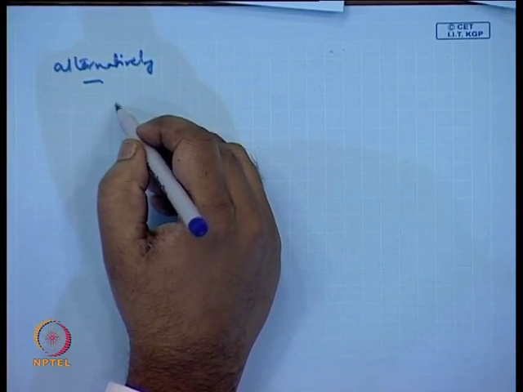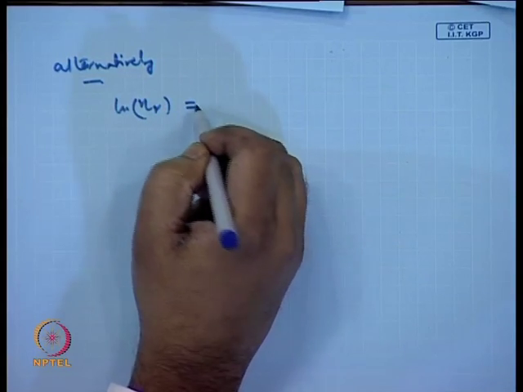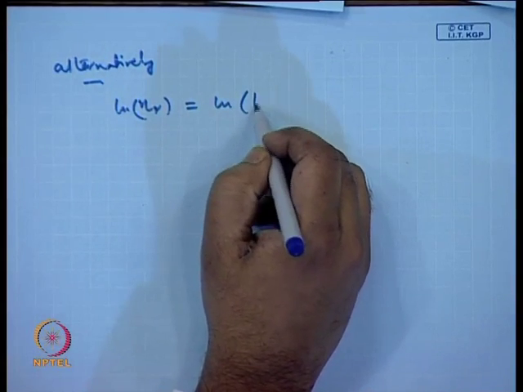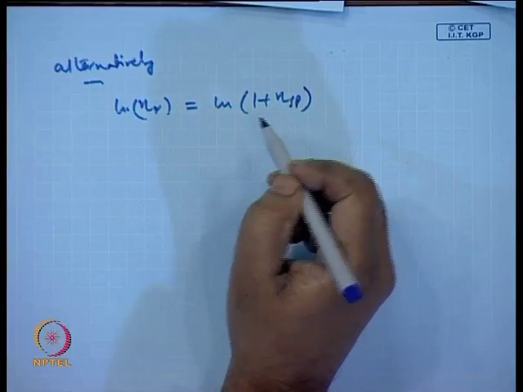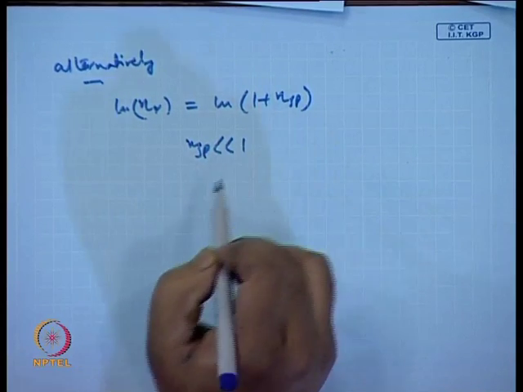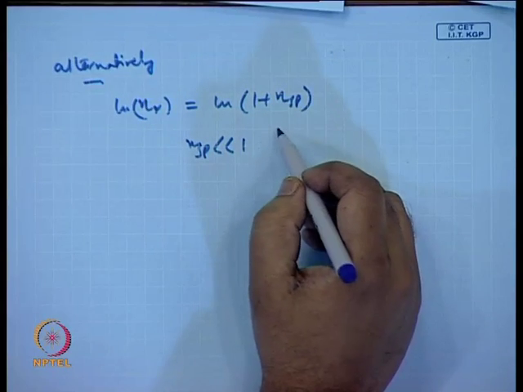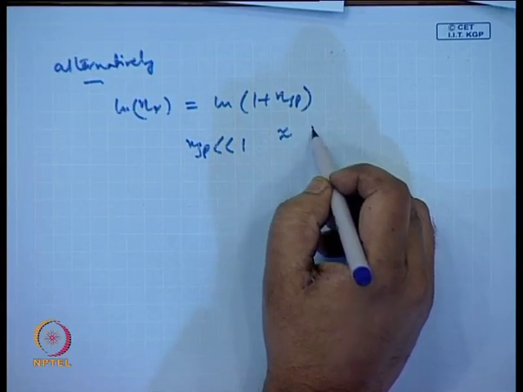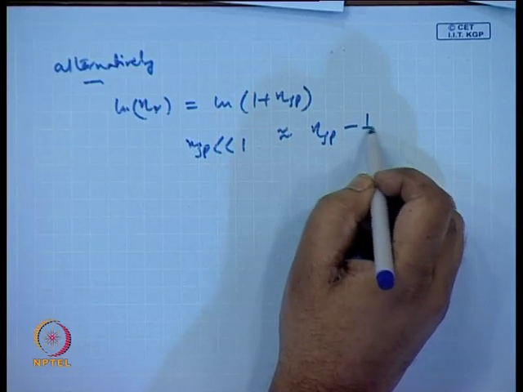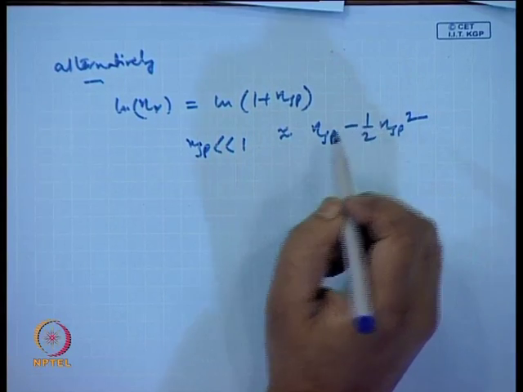Now, alternatively, we can use the inherent viscosity, which can be expressed in terms of specific viscosity, and specific viscosity is much lower than 1. This expression can be written as eta Sp minus half eta Sp square.